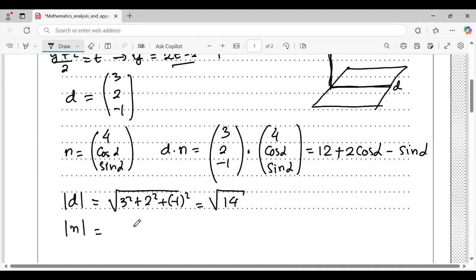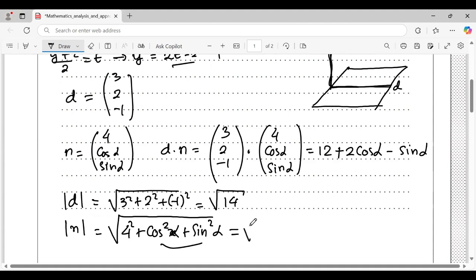Modulus n is the square root of 4 squared plus cosine squared alpha plus sine squared alpha. Cosine squared alpha plus sine squared alpha equals 1, so it is 16 plus 1, 17.